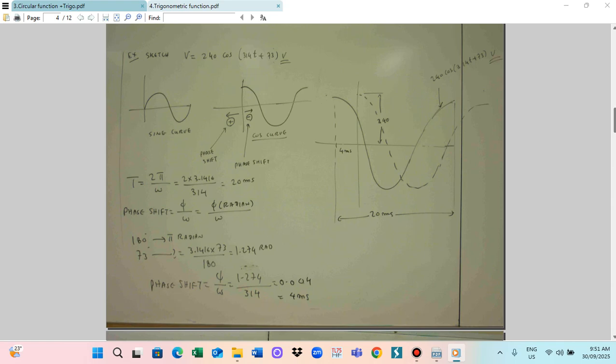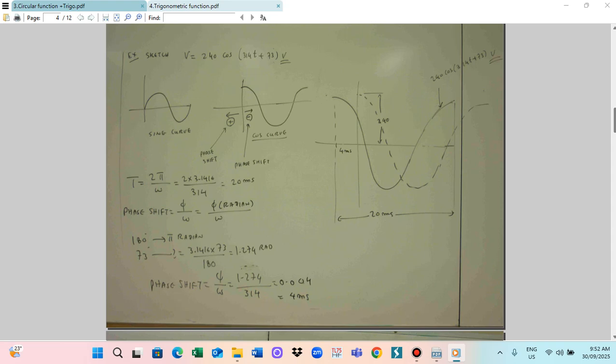We calculate, now we substitute into the graph here. So the graph has this 4 milliseconds. This means that we start from here, 4 milliseconds. The normal graph is like this. This is a normal cosine graph. At 4 milliseconds we start from here. This one is a period, the whole period, which is 20 milliseconds.